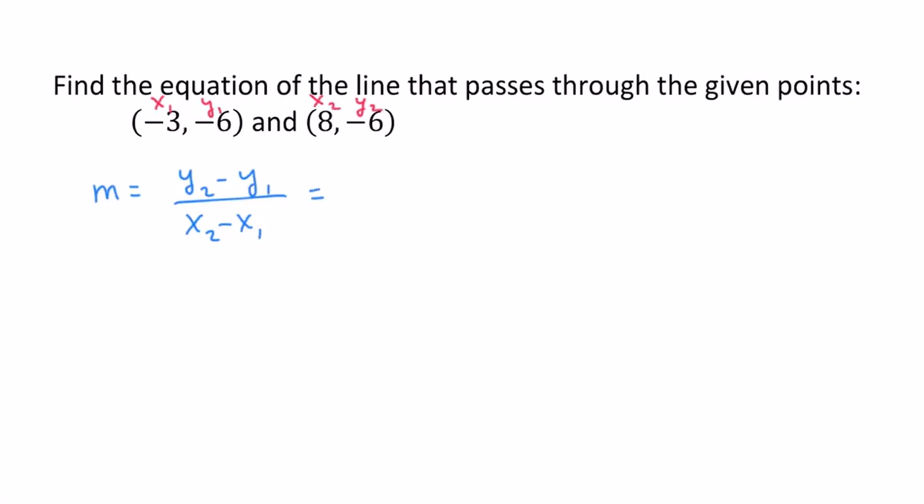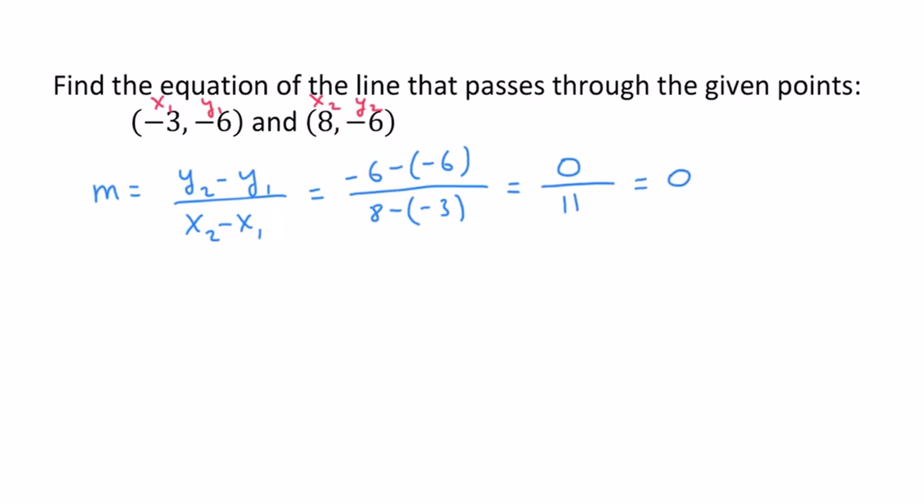So y2 minus y1, so negative 6 minus a negative 6 over x2 minus x1, so 8 minus a negative 3. Negative 6 minus a negative 6, that is 0. 8 minus a negative 3, so we have 11. 0 over 11, so this is 0.